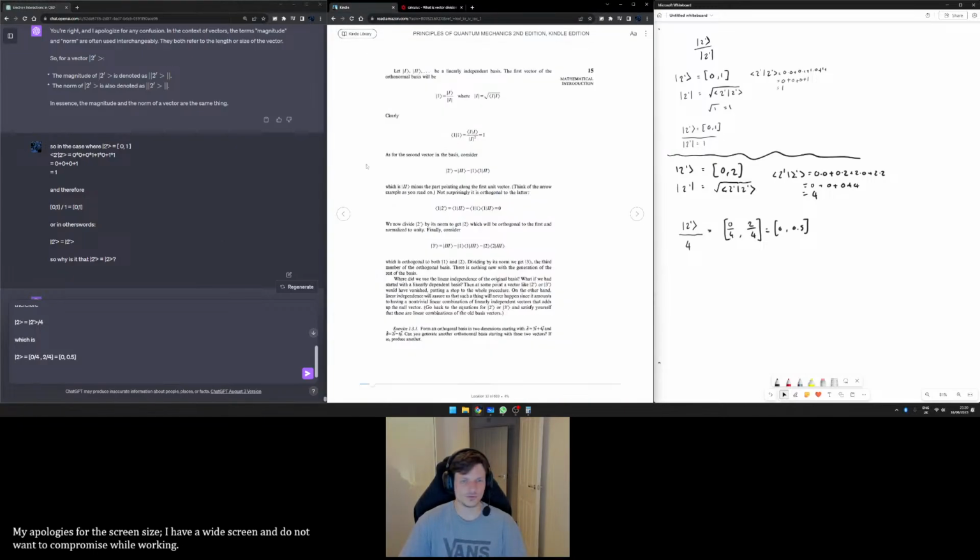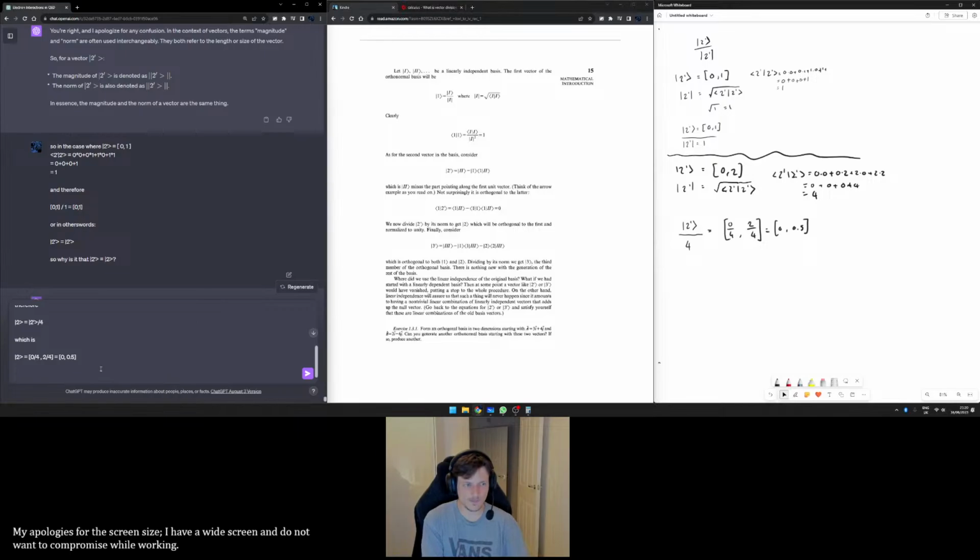So the Kindle book was saying, we now divide 2 prime by its norm to get 2, which will be orthogonal to the first and normalized to unity. Does this agree with the premise?